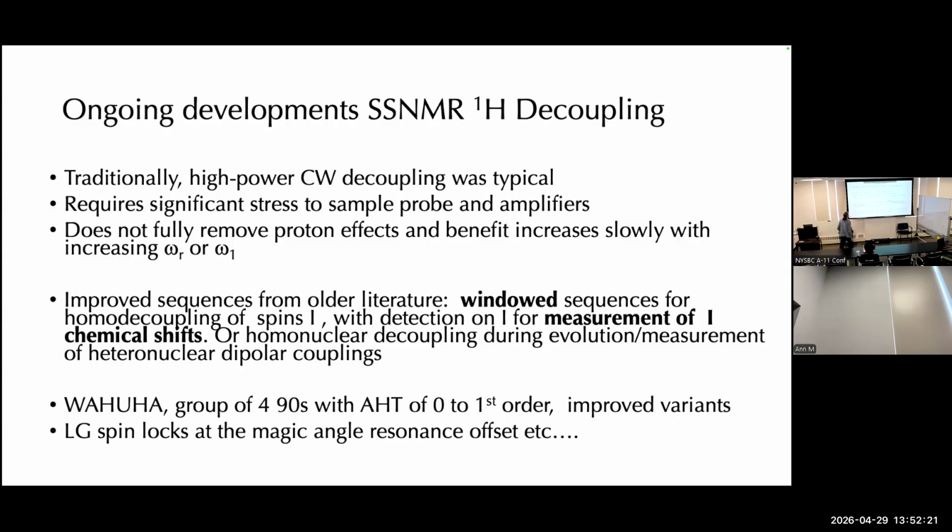Window sequences are sometimes called stroboscopic observation, by analogy with optical effects. So you're going to have detection on, decoupling on, measurement on. Sometimes this is for measuring those very heteronuclear dipole couplings we were trying to get rid of. Sometimes you can try and measure chemical shifts.